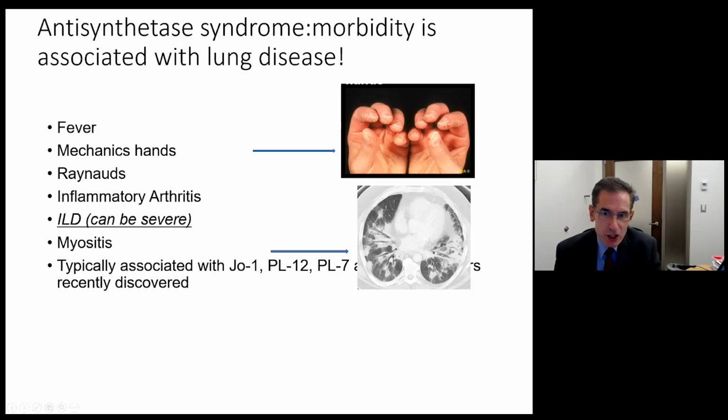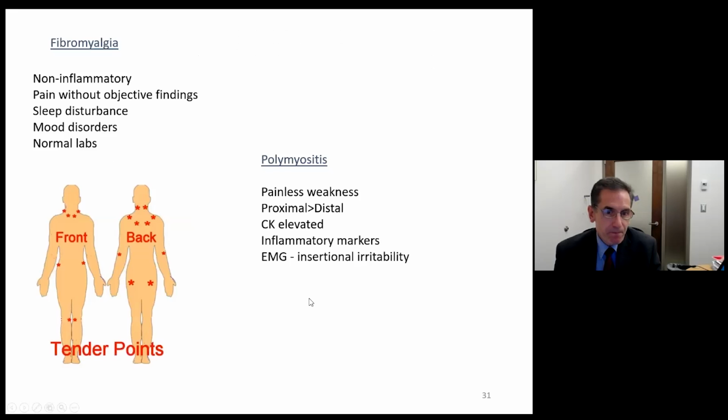So these patients get chapped fingers, known as mechanic's hands, and they may get other protean manifestations, which include fever, Raynaud's, arthritis, and they can sometimes get myositis, but they get severe interstitial lung disease, which can be the major driving factor in their morbidity. The typical antisynthetase antibody is Jo-1, but there are a host of other antibodies which can be seen in this syndrome as well.